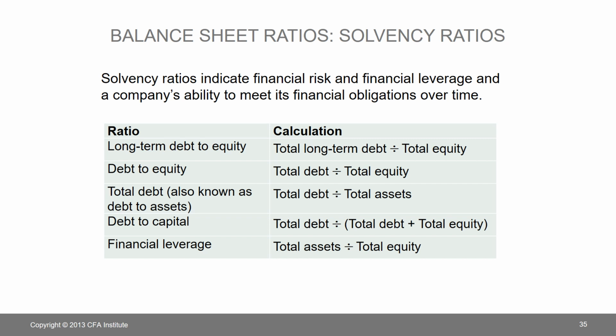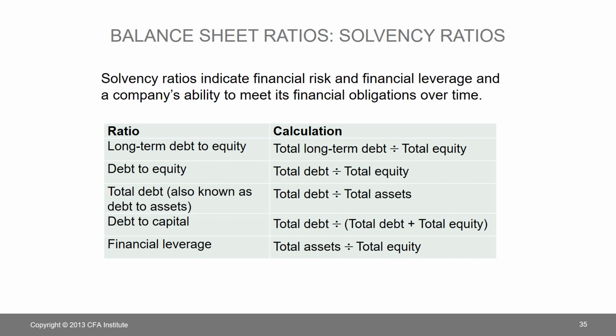And finally, the financial leverage ratio. This one, often called simply the leverage ratio, measures the amount of total assets supported by each one money unit of equity. For example, a value of 3 for this ratio means that each $1 of equity supports $3 of total assets.